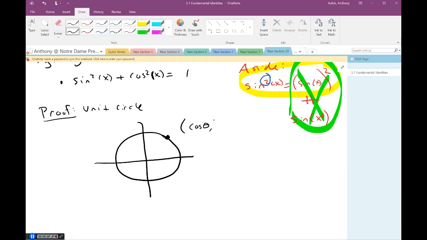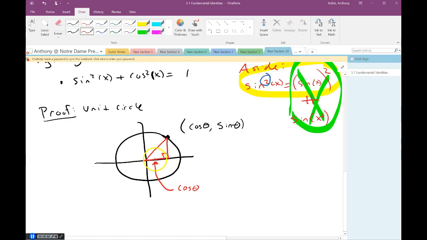And what is its y-coordinate? Sine theta, right? So if I draw in this right triangle, what is my length of this side? It is not 1. It's not a radius for the unit circle. It is cosine theta, right?